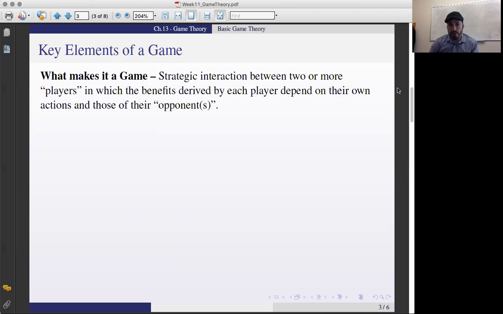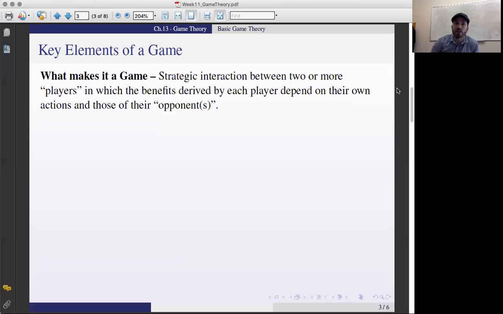So our broad definition, and sort of an intuitive description of it, is that a game is any strategic interaction between 2 or more players in which the benefits derived by each player depend not only on their own actions, but on the actions of their opponents or the other players in the game, where players could be any sort of decision-making entity that can derive benefits. So that could be individuals, it could be firms, it could be cities, it could be countries.